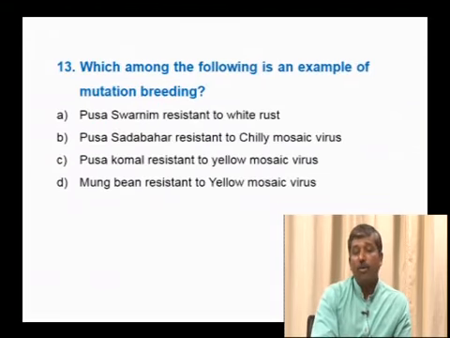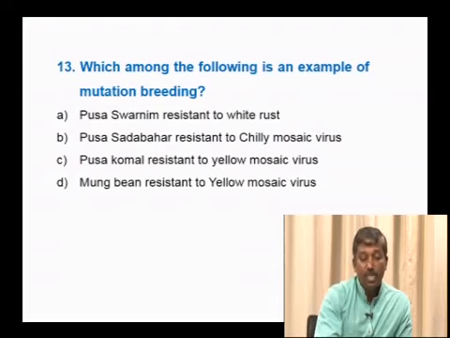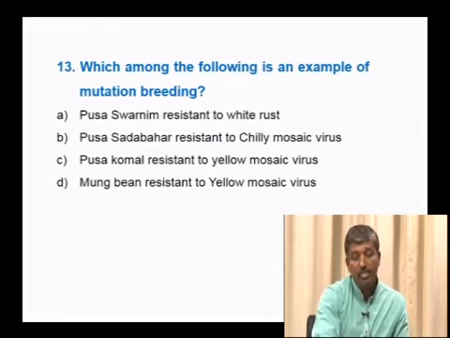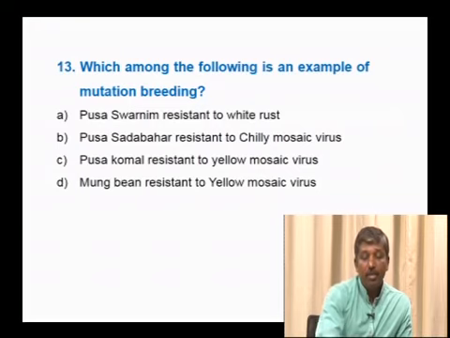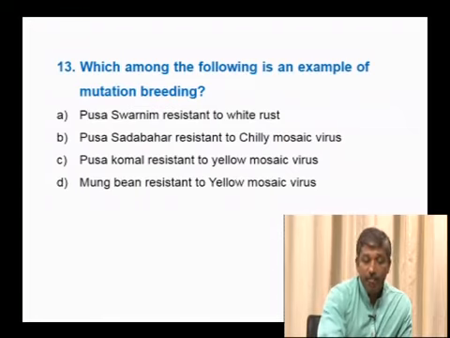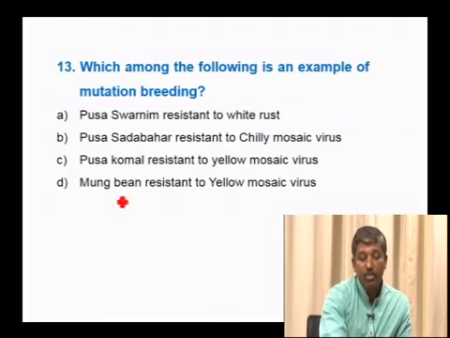Which among the following is an example of mutation breeding? Pusa Swarnim is resistant to white rust, Pusa Sadabahar to chilli mosaic virus, Pusa Komal to yellow mosaic virus, and moong bean to yellow mosaic virus. Moong bean resistant to yellow mosaic virus is the crop variety produced through mutation breeding.